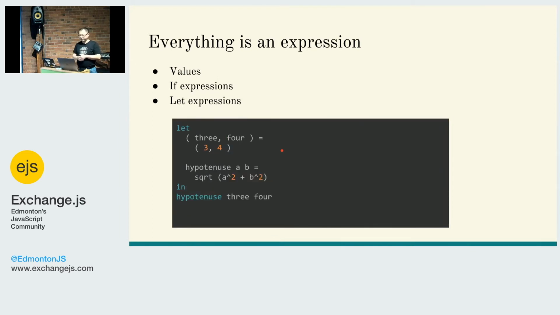But we have the let expression. This is a little bit interesting. If you have an expression that is too big, expressing lots of things, it becomes harder to read and understand. You can use a let expression to break the big one into small pieces, then combine those pieces together in the in expression. For example, here we use destructuring to deconstruct the tuple, assigning 3 to the name a and 4 to the name b, and hypotenuse is a function using a, b and square.